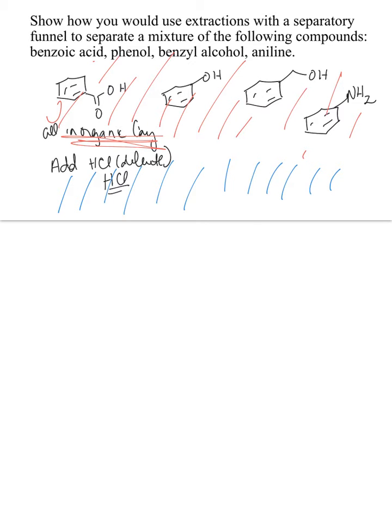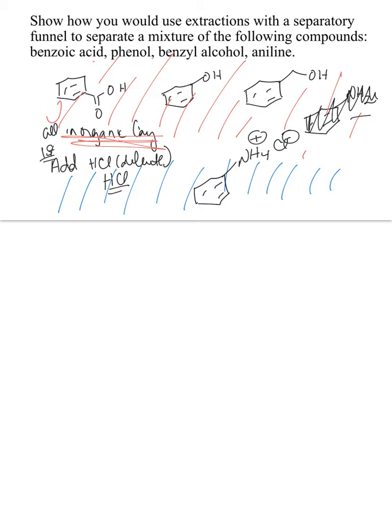So which ones are going to get protonated? Yes. The aniline will become NH4 plus Cl minus. And that goes into your water layer. Okay. So that goes into your water layer, and then you can wash that out. So now we have this gone.